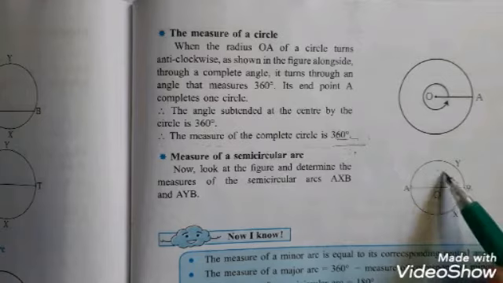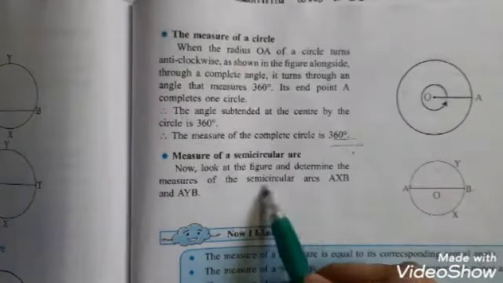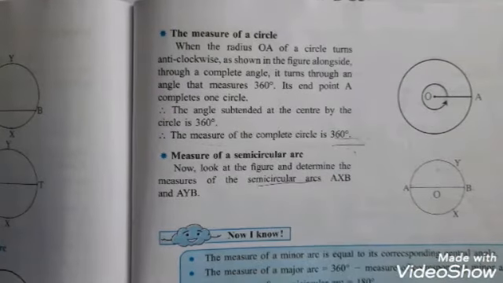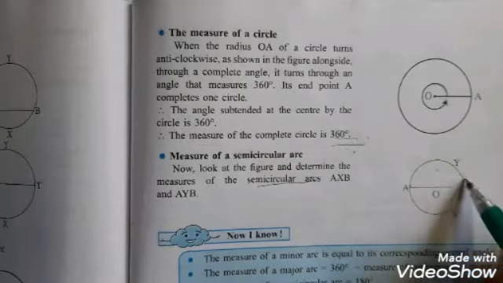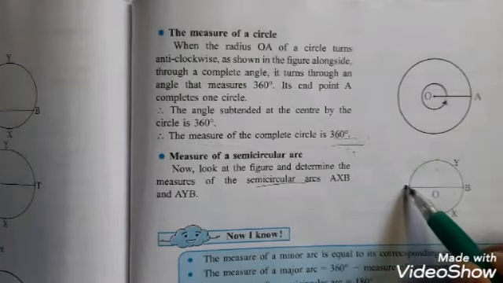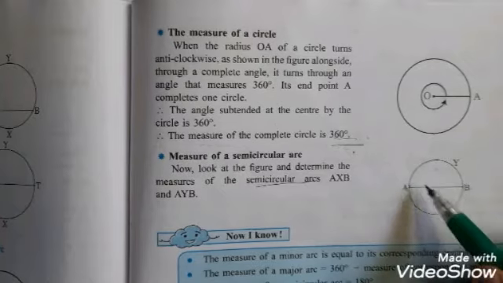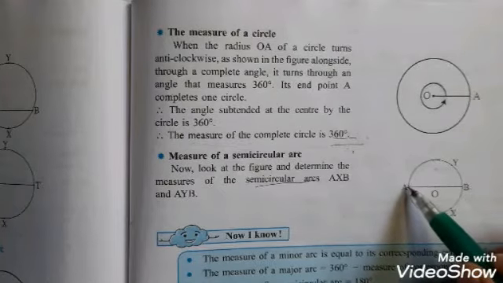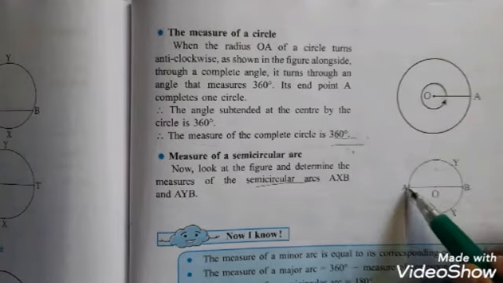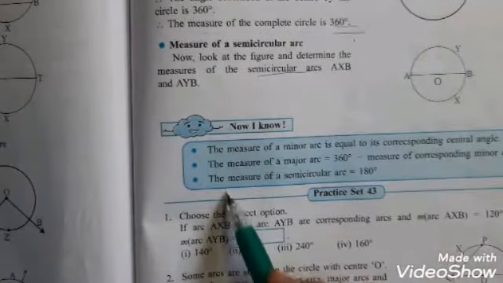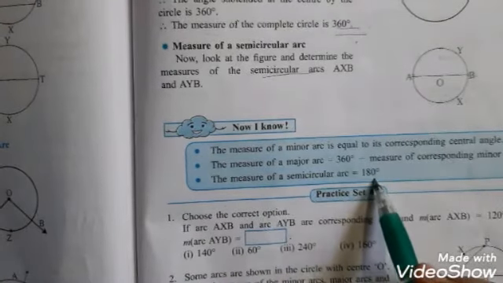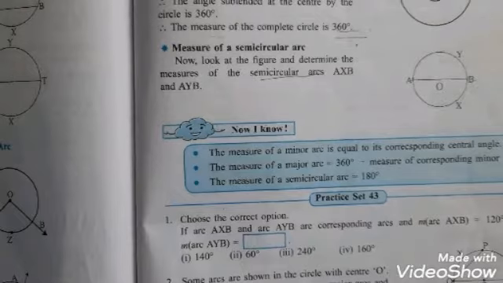So there are two semicircular arcs: arc AYB and arc AXB. And the measure of a semicircular arc is equal to 360 degree.